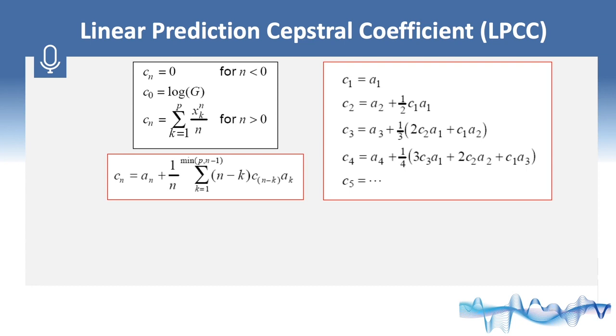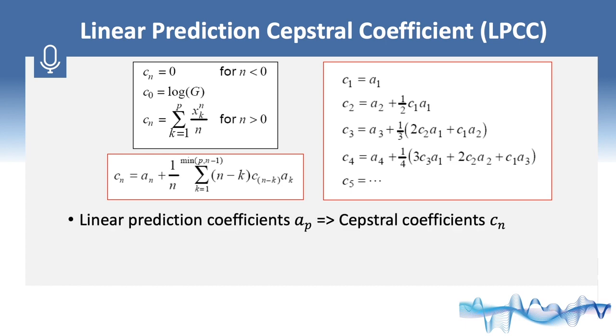Linear prediction cepstral coefficient, LPCC, is the representation of linear prediction coefficient in the cepstrum domain. This feature is based on the assumption that speech signal is an autoregressive signal, and cepstral coefficients can be obtained by linear prediction analysis. Thus, LPCC reflects the characteristics of vocal channel.